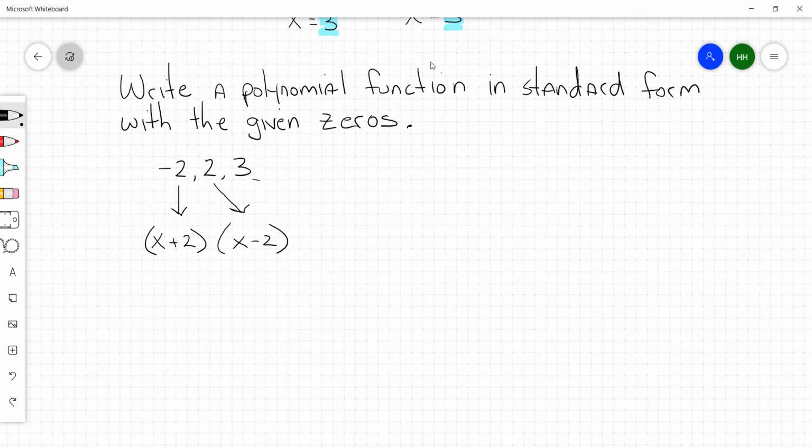And if it has a 0 of +3, well, that came from a factor of x minus 3. And now you have to multiply all of this, okay? So I don't know how good you got at factoring, but you can pick any 2 of these factors that you want and multiply them first. And then you multiply by the third factor.